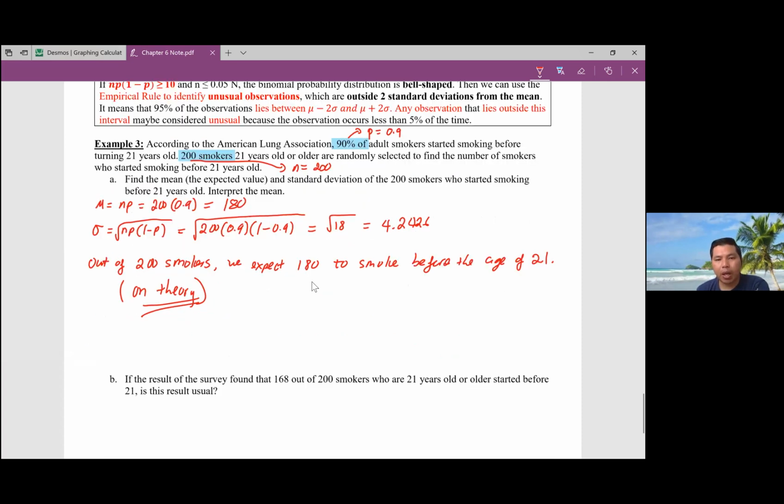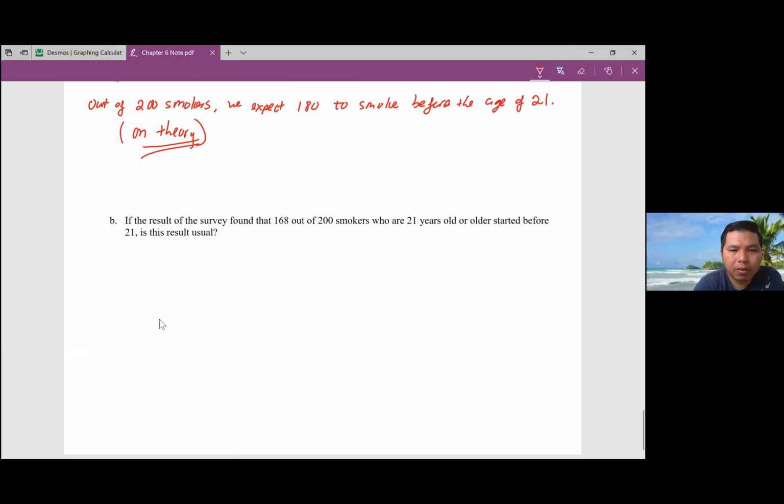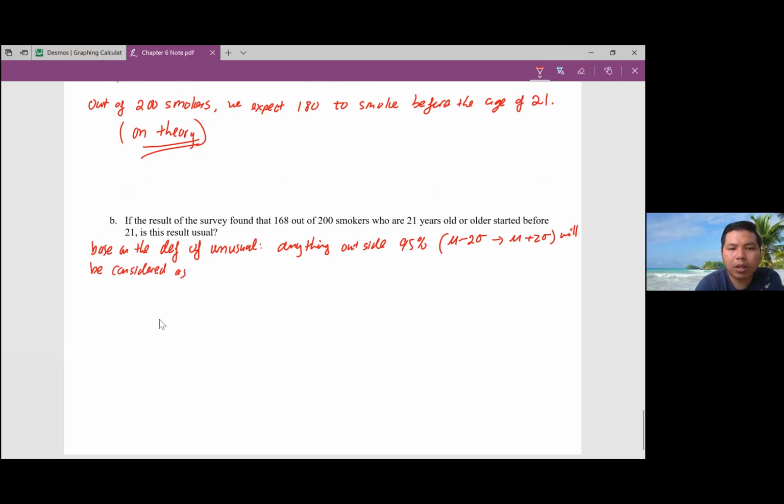Based on the definition of unusual, anything outside 95%, in other words, mu minus 2 sigma to mu plus 2 sigma, will be considered as unusual.